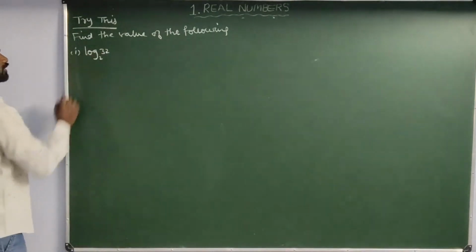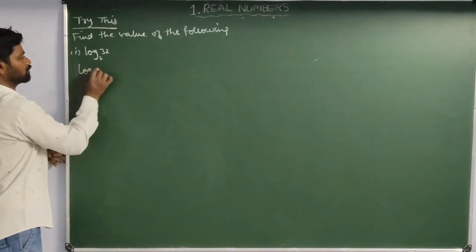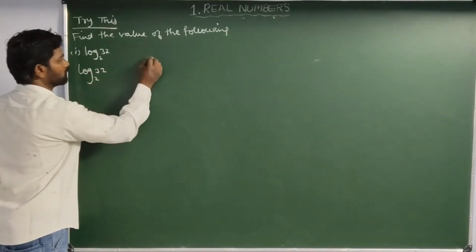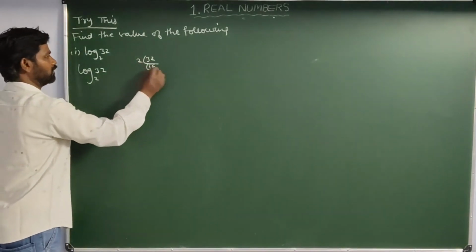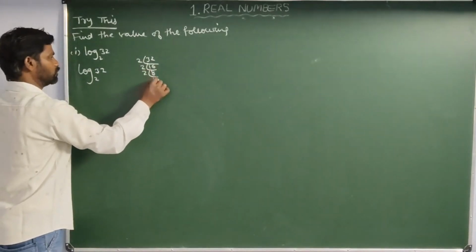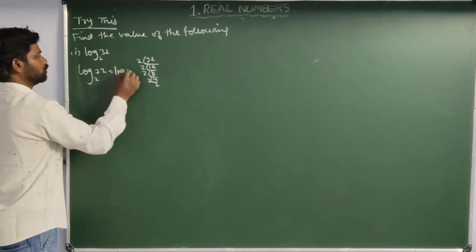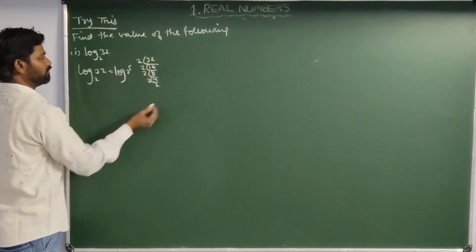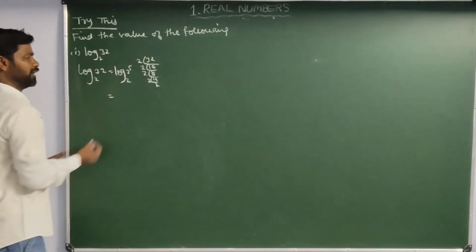In the first one, log 32 base 2. Take the factors of 32 with 2: 2 ones are 2, 2 2s are 4, 2 4s are 8, 2 8s are 16, 2 16s are 32. So we can write that as log 2 power 5. How many 2's are there? 5 2's are here. So log 2 power 5 base 2.